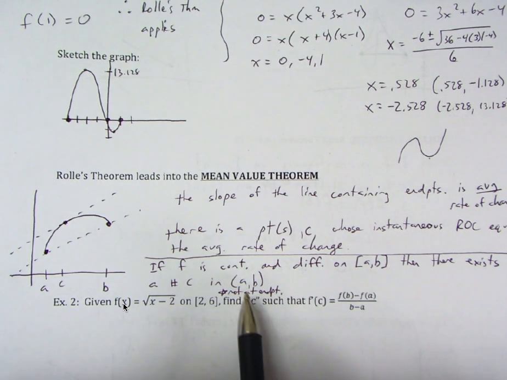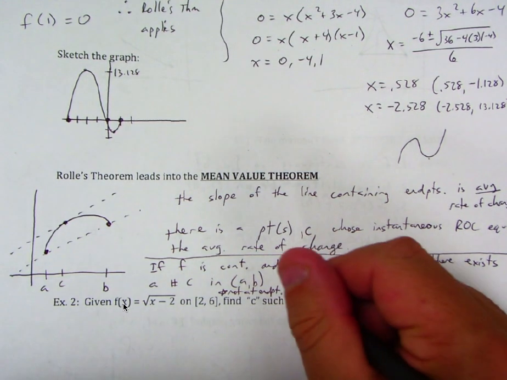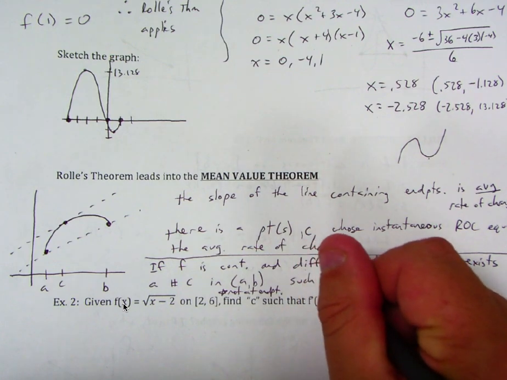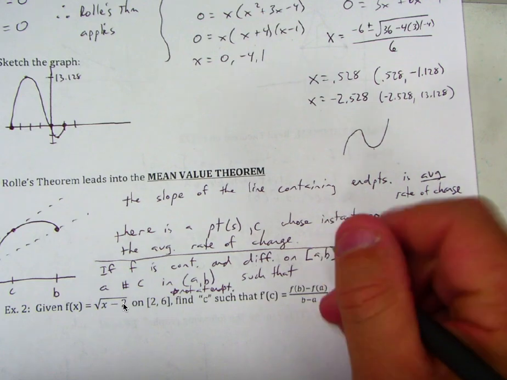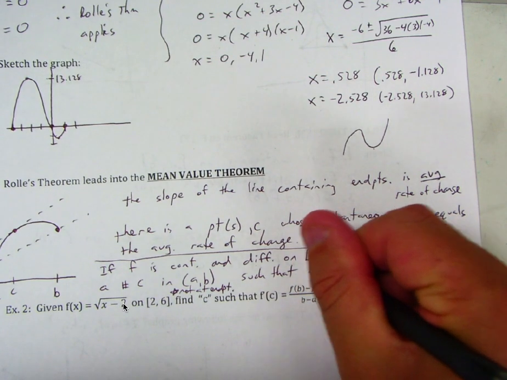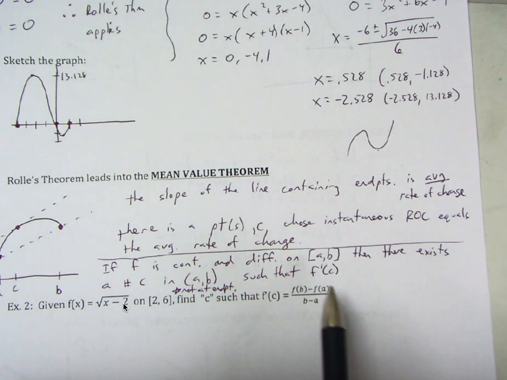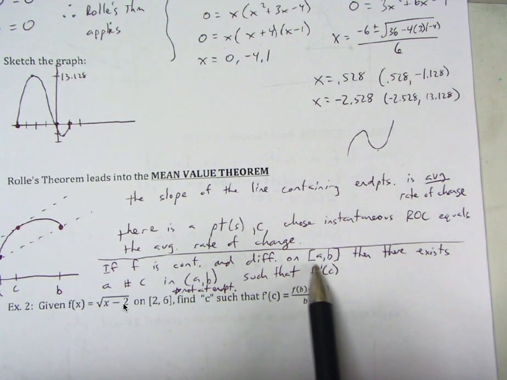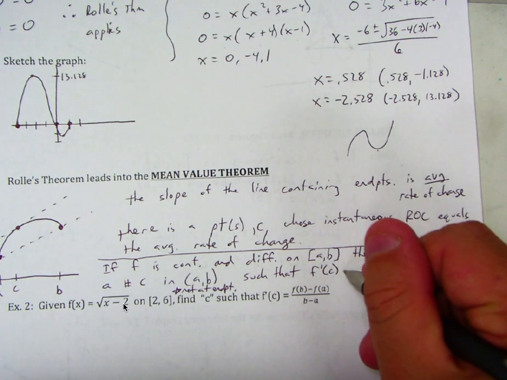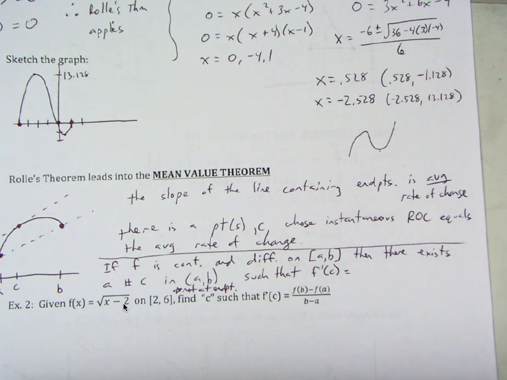So there's a number in the interior of the interval such that f prime of c, so that's the slope of the tangent line at c. This is the instantaneous rate of change. There's some c value where this derivative is equal to the average rate of change over the whole interval.